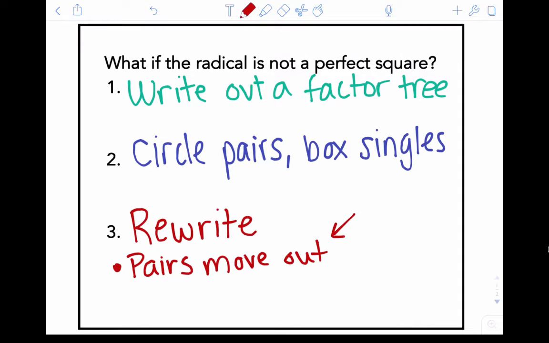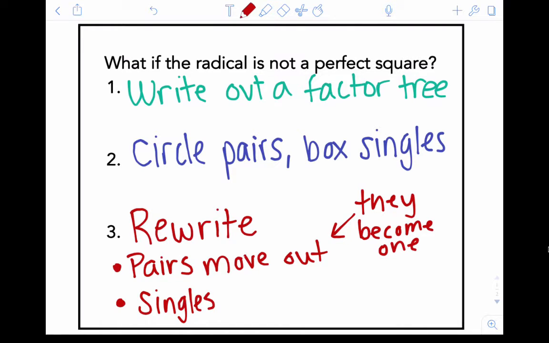When they move out, they become 1. And I'll explain that in a little bit more detail in just a moment. The second thing, so the pairs move out, and then the singles, so those single numbers that are boxed in, stay in.